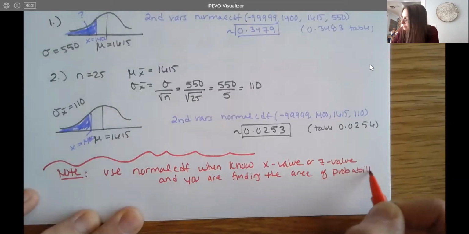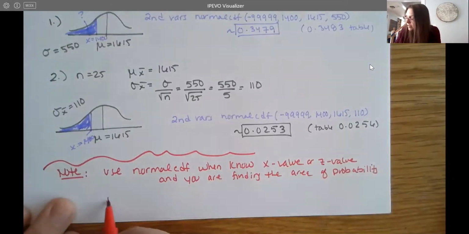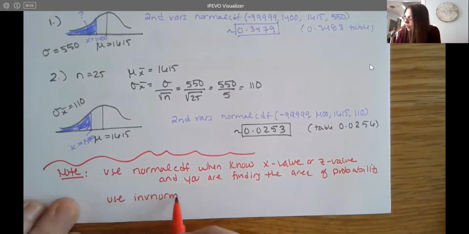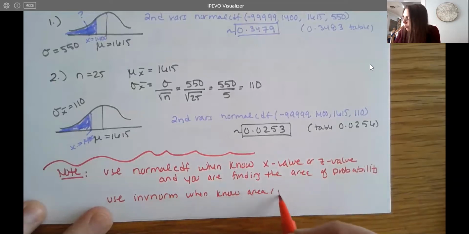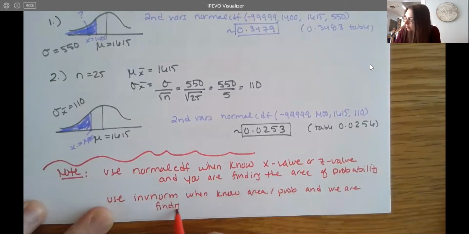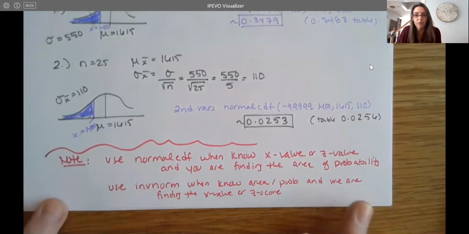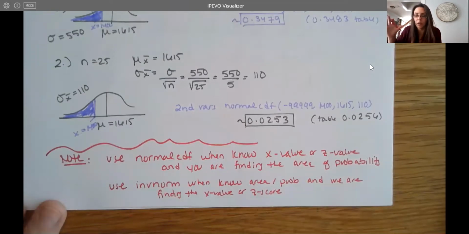That's what we just did. Sometimes students mix that up with the last section of the text. So we use the inverse norm function when we know the area or probability and we are finding the X value or Z score. So you just want to make sure you use the right function if you're using technology, and students mix this up a lot.